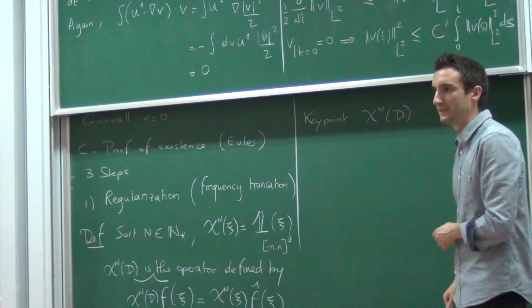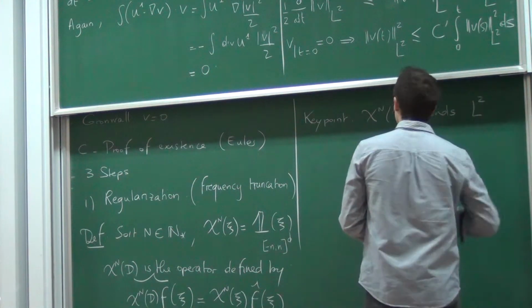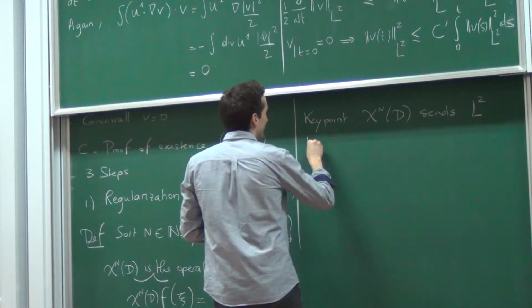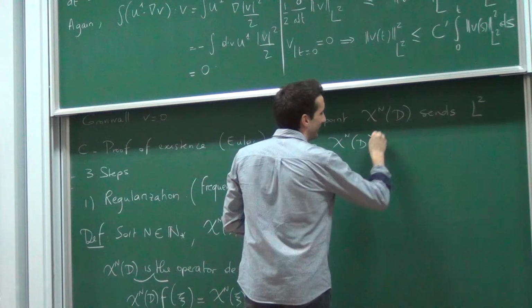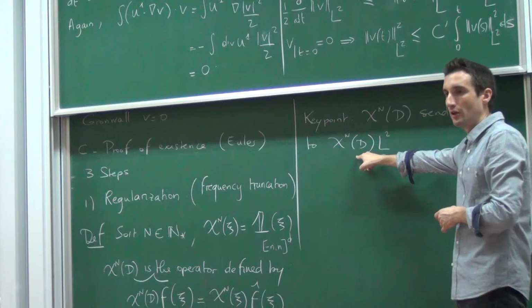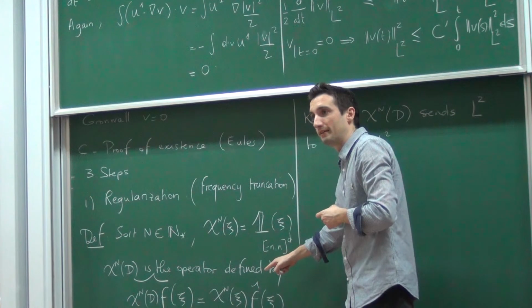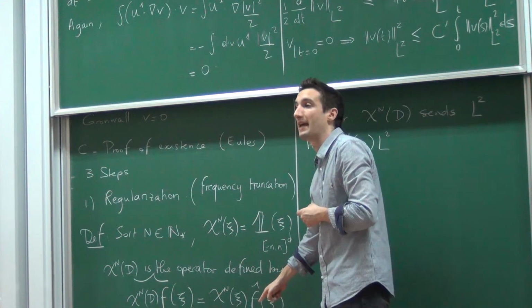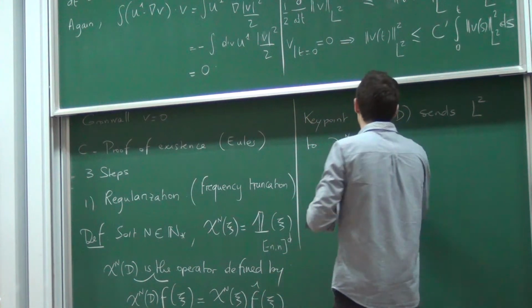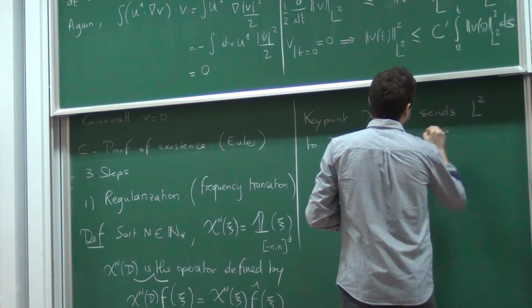This chi_N of D sends L2 to its range, chi_N of D of L2. But in this range, you have only functions that have frequencies less than N. So this is included in any H^s.